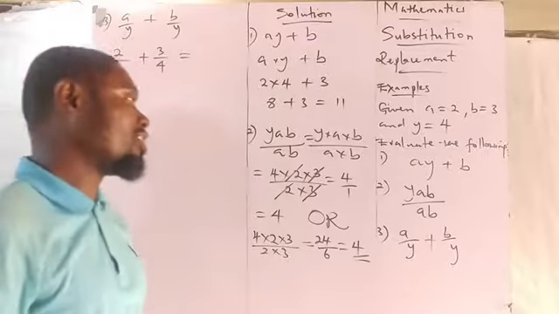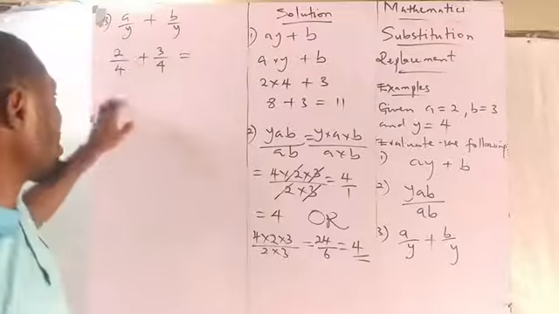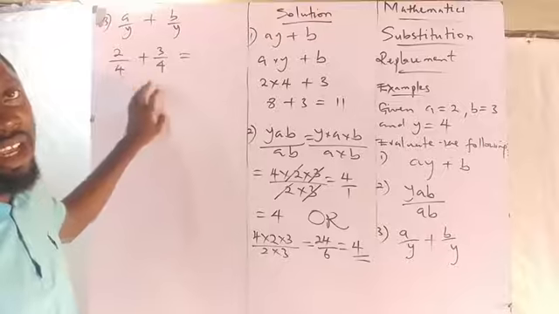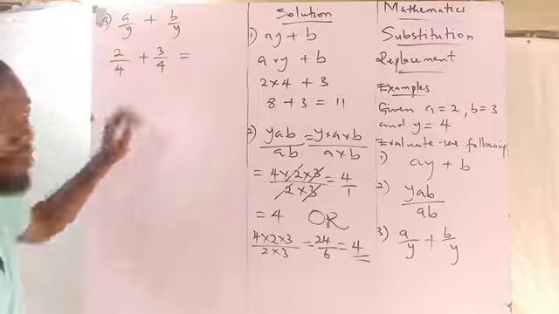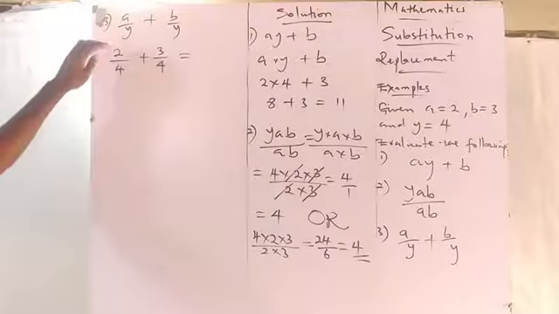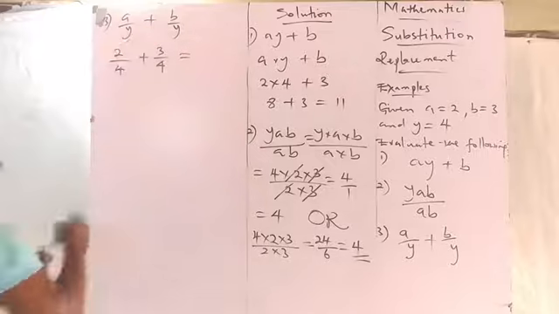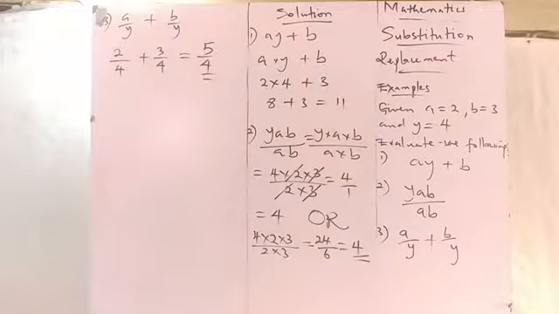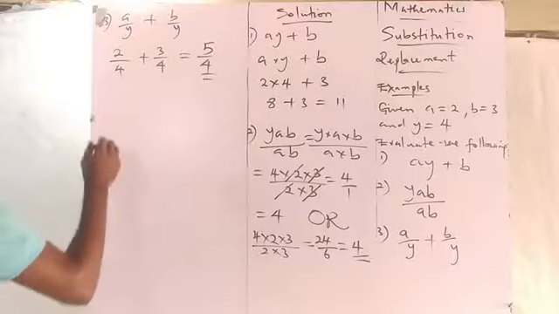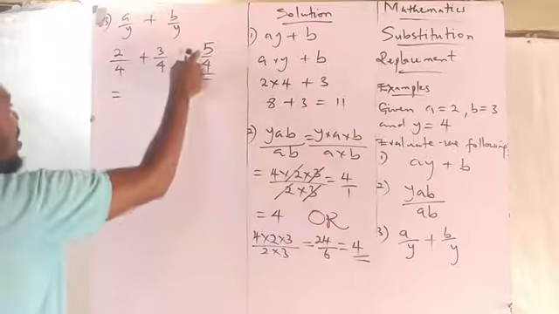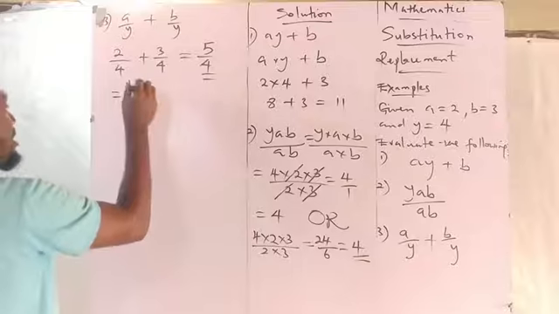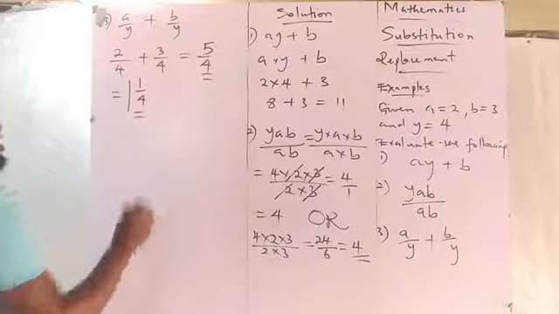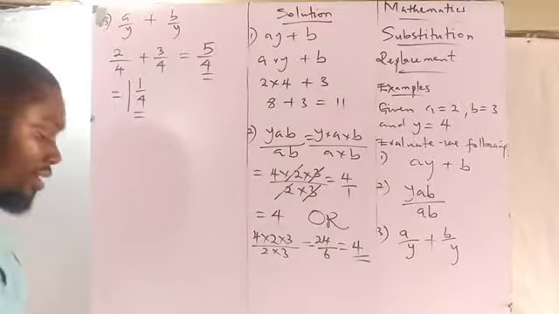You've been taught fractions in your previous classes. When they have the same denominators, you only operate on the numerators. 2 plus 3 is 5. So our answer is 5 over 4. This is the final answer. Or you can put your answer as a mixed fraction: how many 4 are in 5? 1, remainder 1 over 4. This is also the final answer.